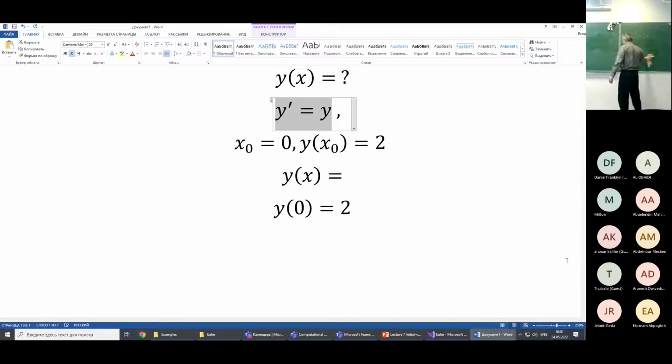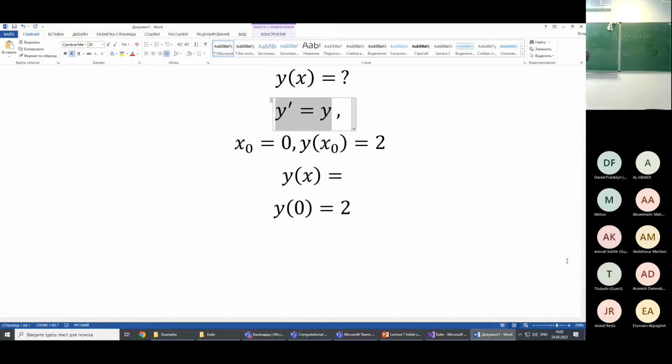Again, I told you several times that there are a lot of functions, and only one function has this very good property that the derivative of this function equals the same function. What is this function? Derivative of sine equals cosine, derivative of cosine is minus sine, derivative of x squared equals 2x, different functions.